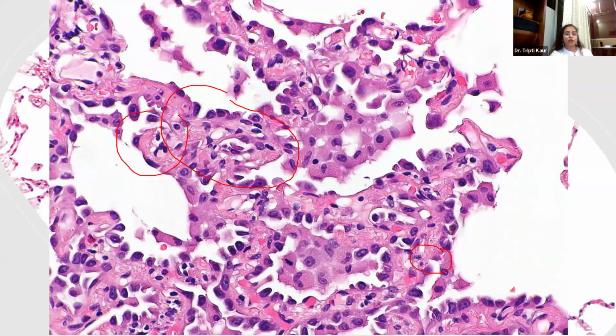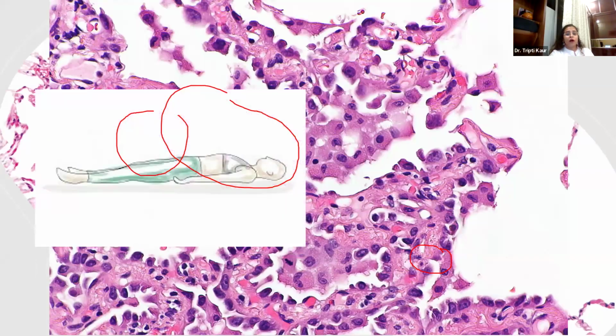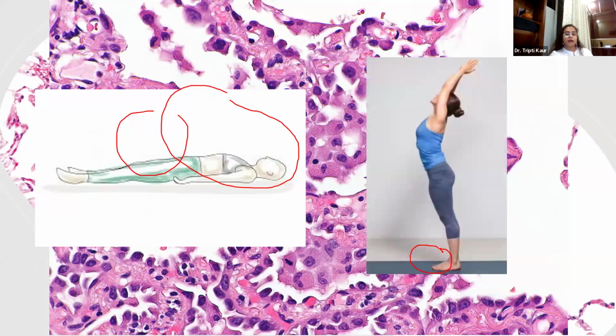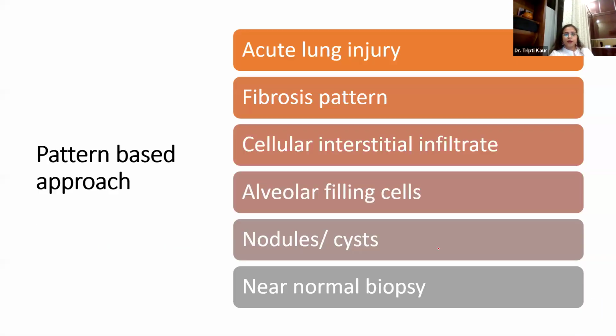Anything happens to the lung, these type 2 pneumocytes are the first ones to come and replace the entire lining of the alveoli. So I remember it like type 1 pneumocyte is the pneumocyte in Shavasana and type 2 pneumocyte is the pneumocyte in Tadasana. You can remember it with whatever hints you want, but this is how it is.